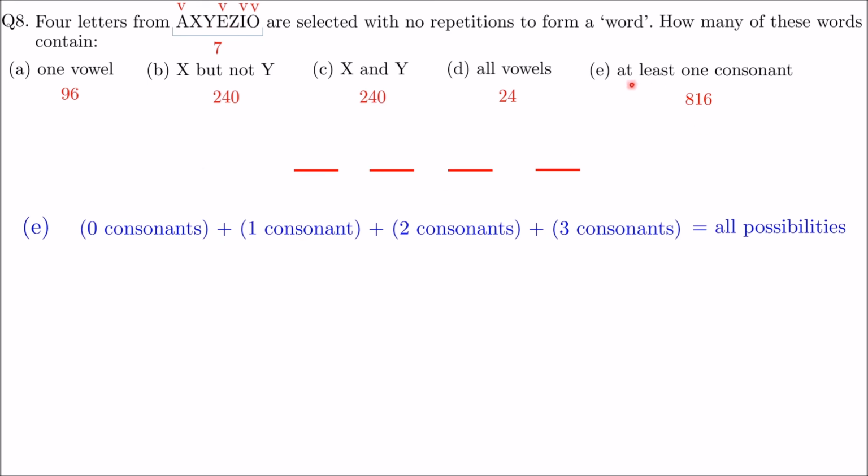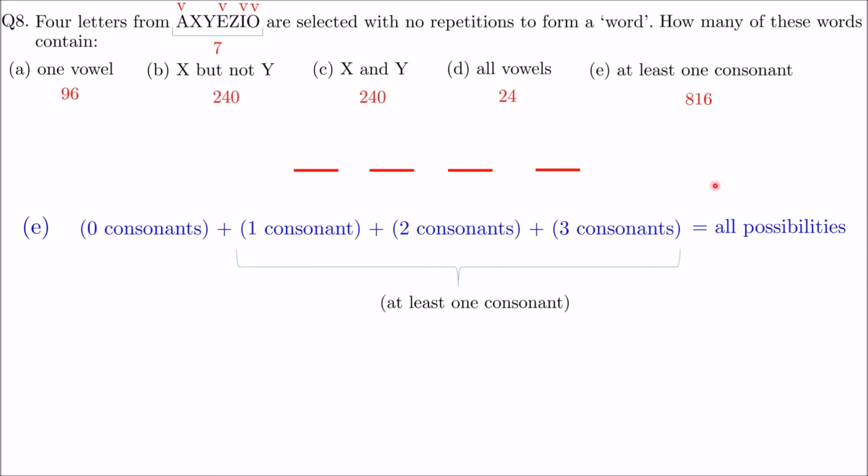And look at the wording of the question: at least 1 consonant. So what exactly constitutes at least 1 consonant? It's literally this: at least 1, so 1 or more. So this chunk here is what answers the question.